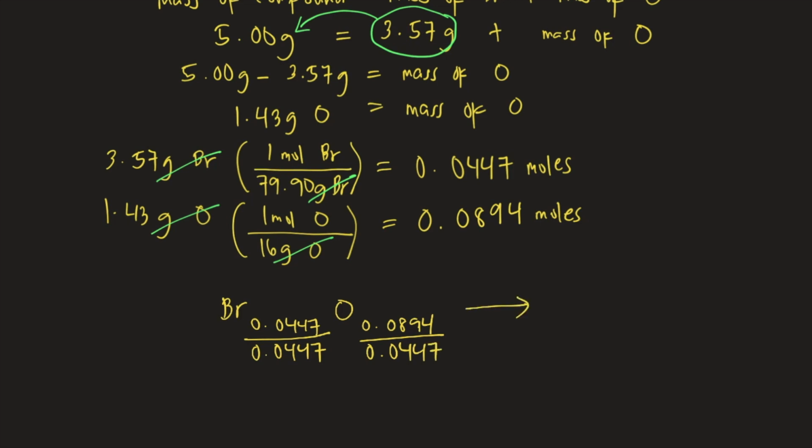And that becomes Br 1, and for oxygen, 0.0894 divided by 0.0447, that is equal to 2. So Br1 O2, or simply BrO2. So the empirical formula of the oxide is BrO2, and that is the answer to this question.